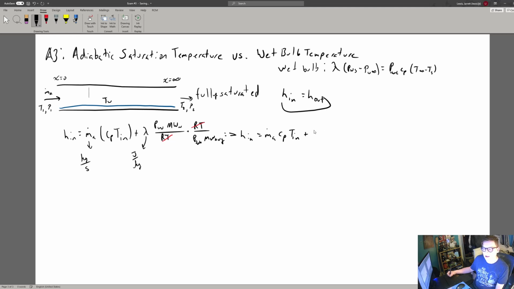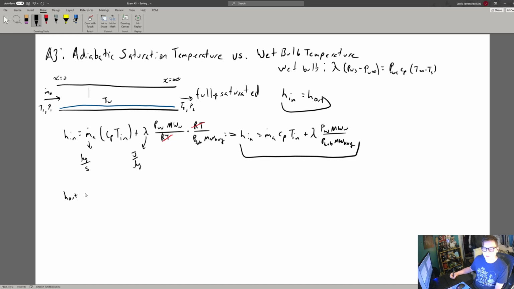And we're going to add the heat of vaporization and multiply that by the pressure of the water times the molecular weight of the water divided by the total pressure and the average molecular weight. Okay, so this is our equation for the enthalpy entering the system, and now we need to find enthalpy leaving the system.